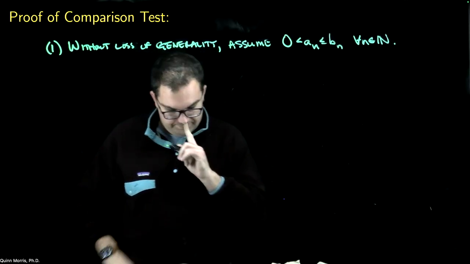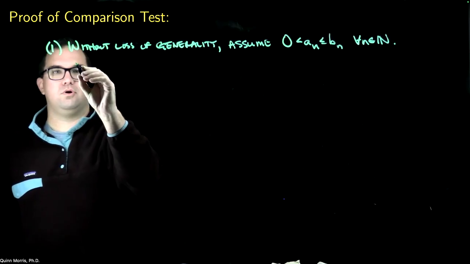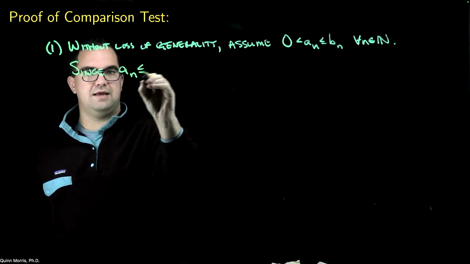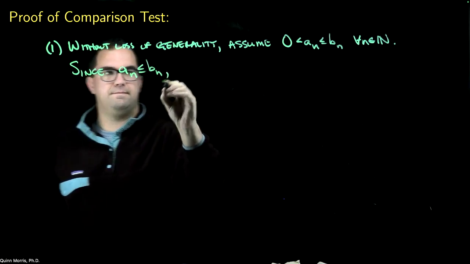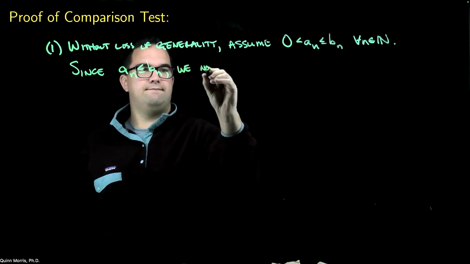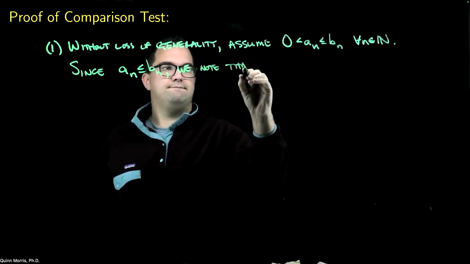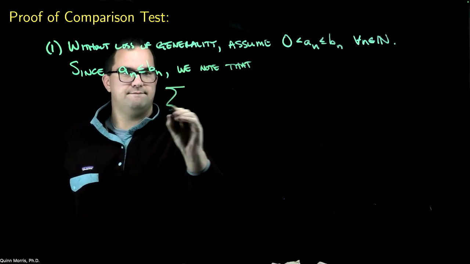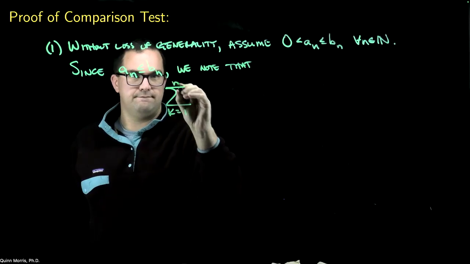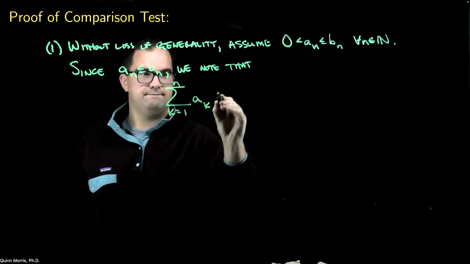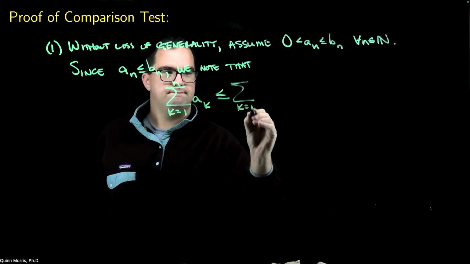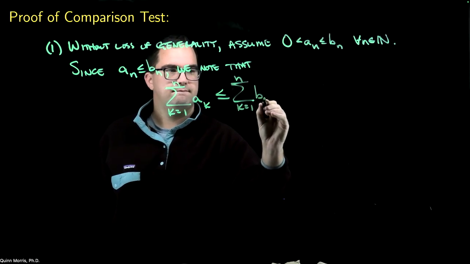Okay, so since a sub n is less than or equal to b sub n, we note that if I take any finite number of terms, right?